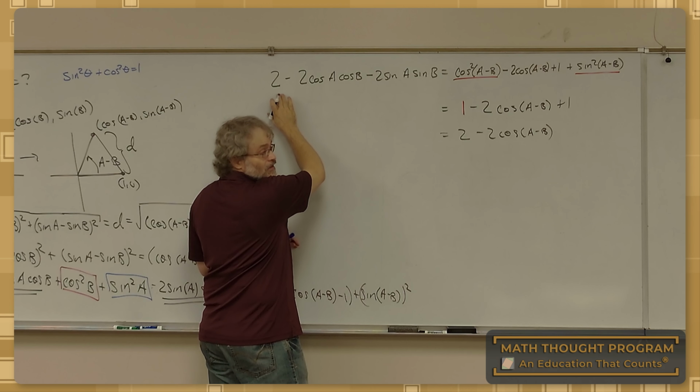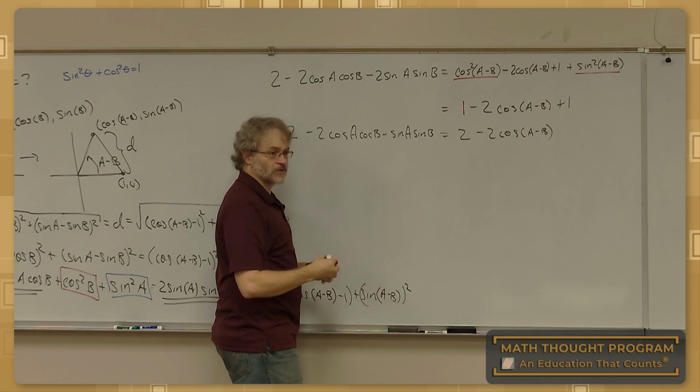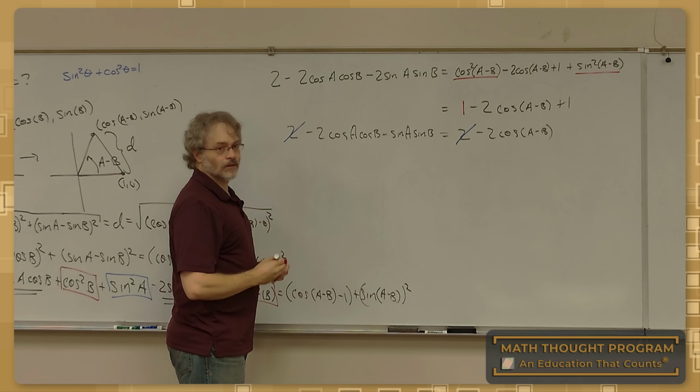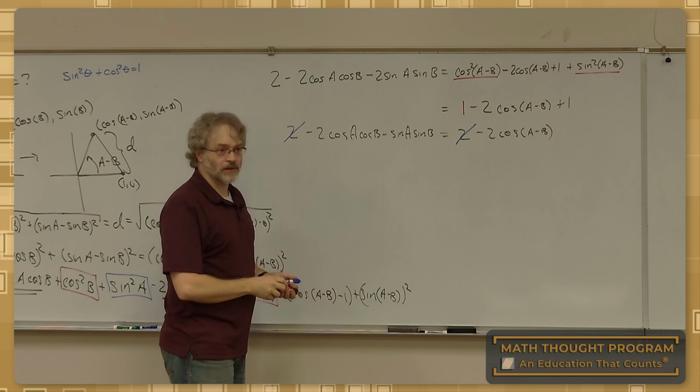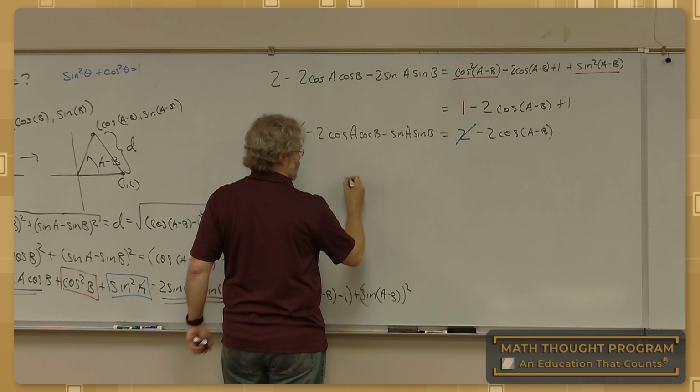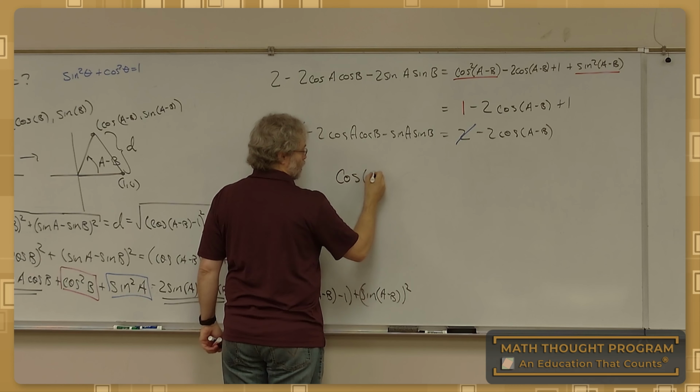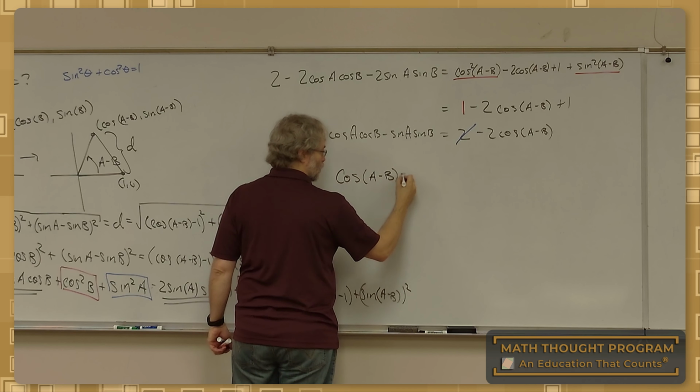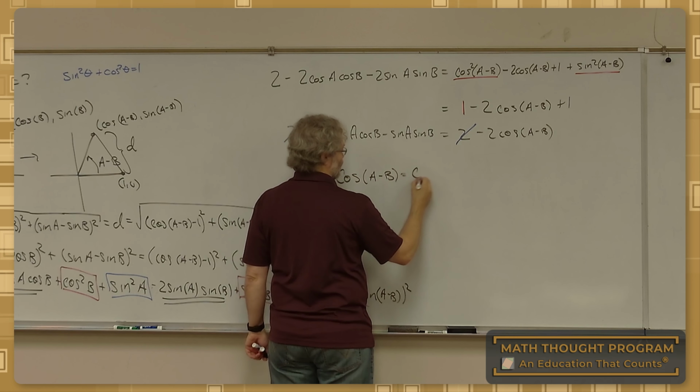Well, look at this. Why not subtract the 2's off? And then why not divide both sides by -2? And if we do so, we come up with our first identity.